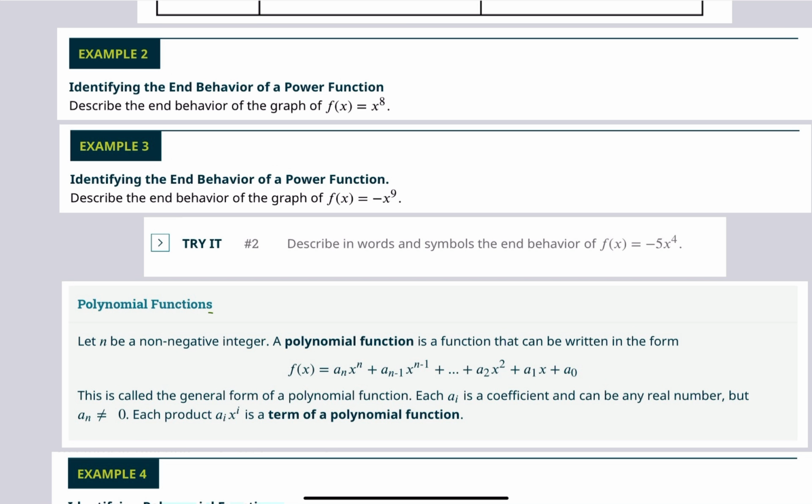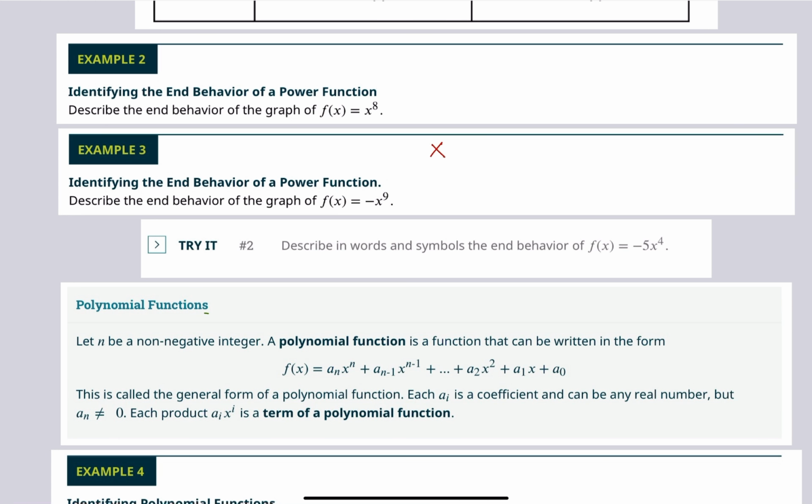So if I have f of x equals negative x to the power of 9, let's say x tends to infinity, I have f of x, which equals negative of infinity to the power of 9, which is just negative infinity. Now, what about x tends to negative infinity? I have f of x, which is negative of negative infinity to the power of 9.